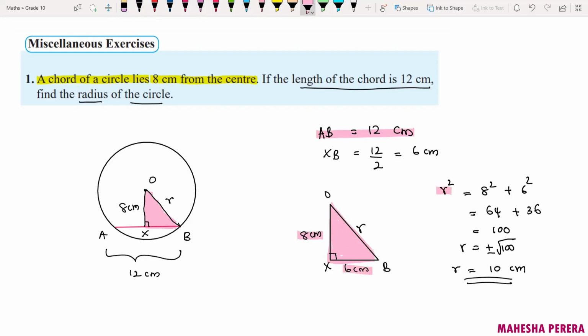So R squared equals 8 squared plus 6 squared. You get 64 plus 36, that is 100. So R should be plus or minus the square root of 100. And radius is a positive value. So we can say radius equals 10 centimeters. So it's an easy question.